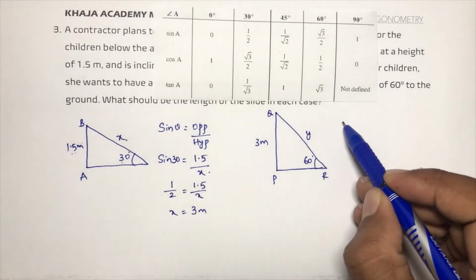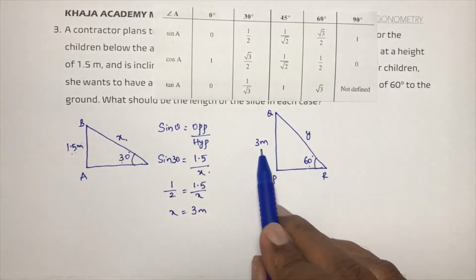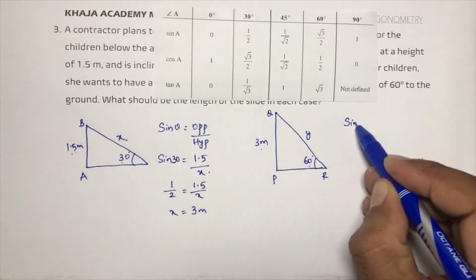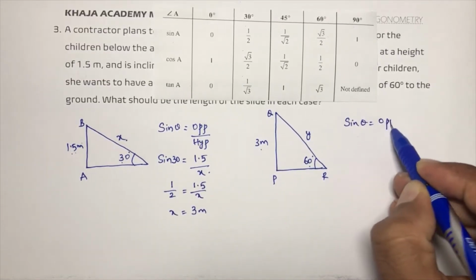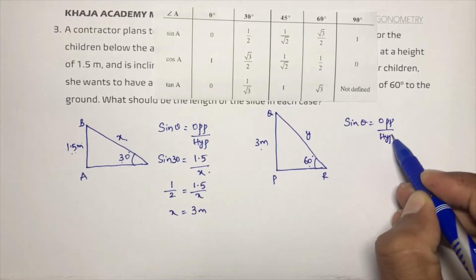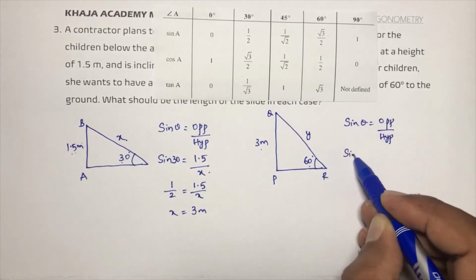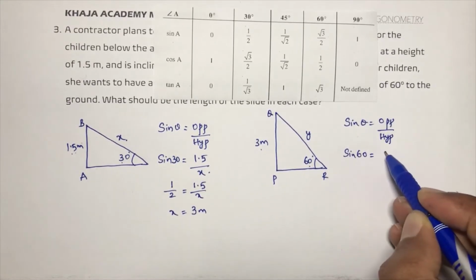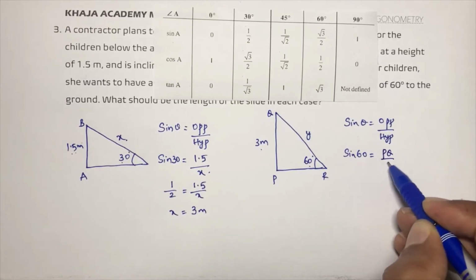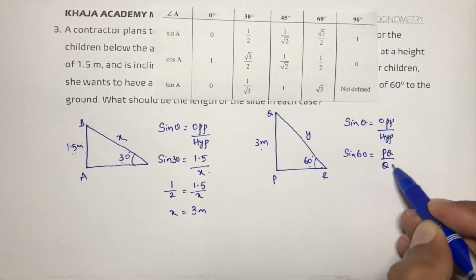In the same way, in this triangle, theta, opposite, hypotenuse, so sine theta is opposite by hypotenuse. So sine 60, opposite is PQ, hypotenuse is QR.